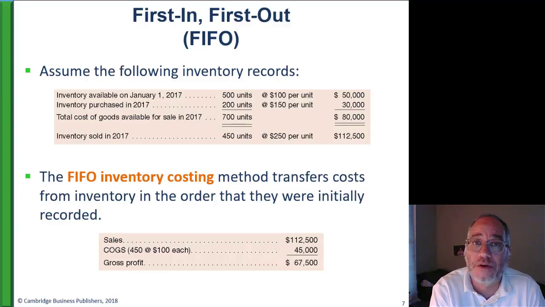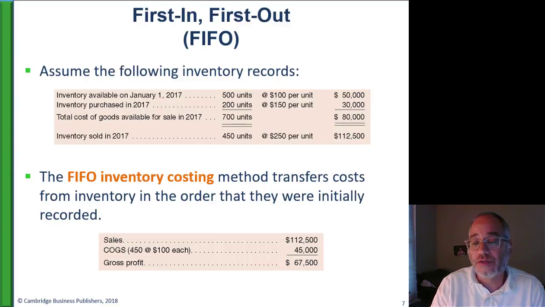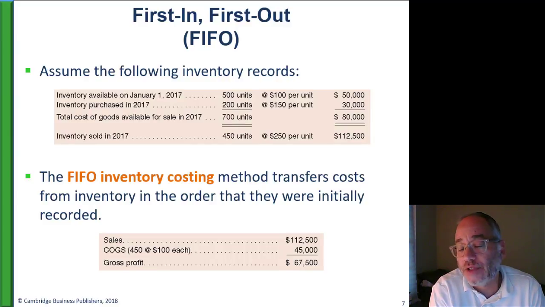If you're using FIFO, you're going to assume that all 450 units were the first units the company had, the ones that were sitting on the shelf already on January 1st, and therefore they cost $100. So at the bottom of the screen here, you can see the sales, which is $112,500. That's 450 units times $250 a unit.